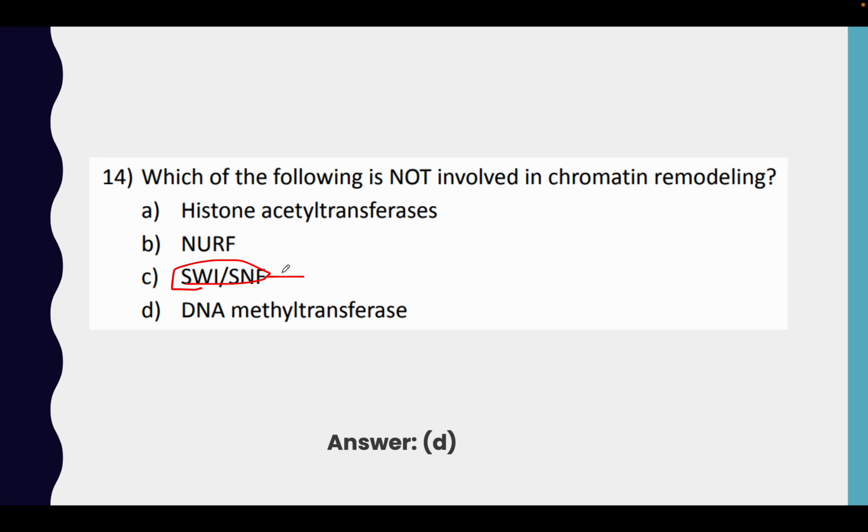Okay, this SWI SNF, it is a chromatin remodeling complex. It uses ATP to destabilize histone DNA interaction. Now histone acetyl transferases, these enzymes transfer an acetyl group to histone proteins and increase the gene expression.